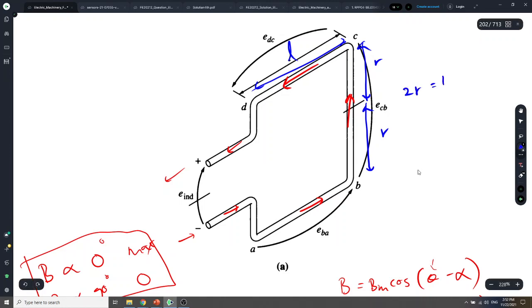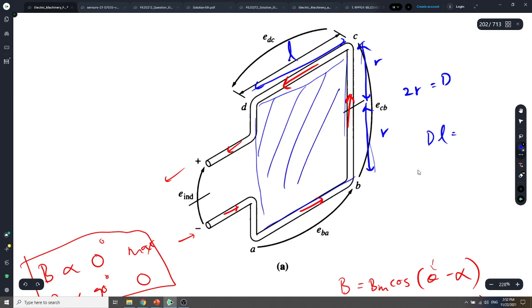So 2R sama dengan diameter, betul? So bila diameter, so this length dl is equal to what? Area. Yes, pandai lah. So dia akan jadi area lah. So dia akan jadi area sini.